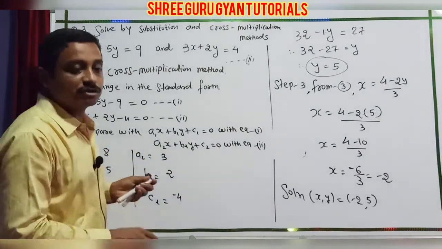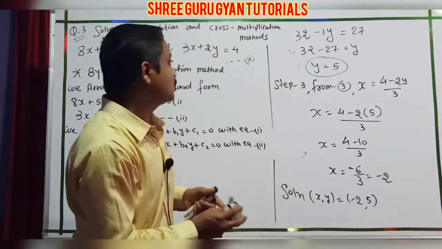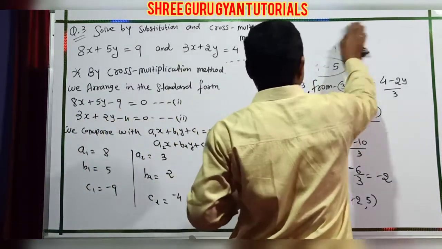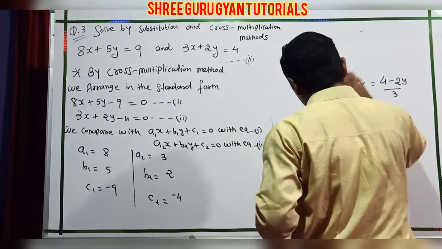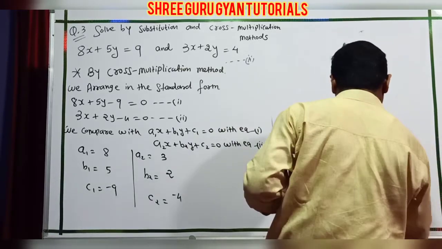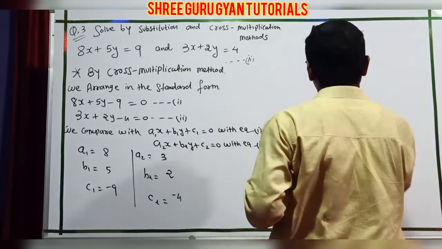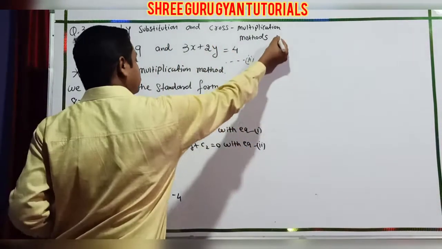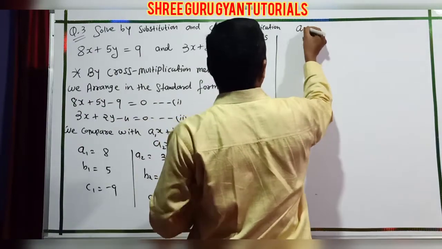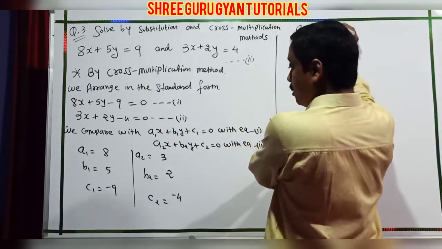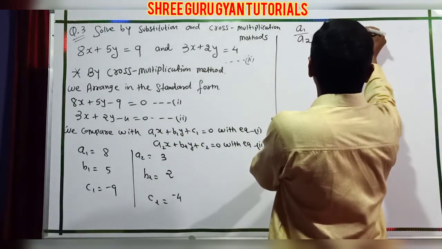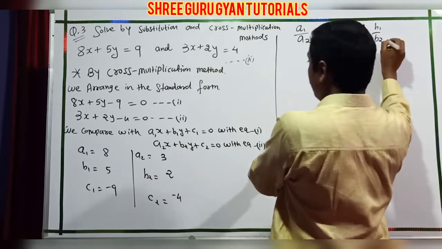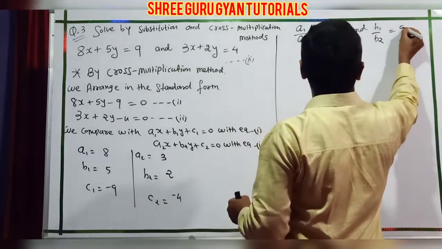And now check our conditions. Students, for the cross multiplication method you must check the conditions. Then after that we start our method properly. So here a1 by a2, how many? 8 by 3. And b1 by b2, how many? 5 by 2. Check.